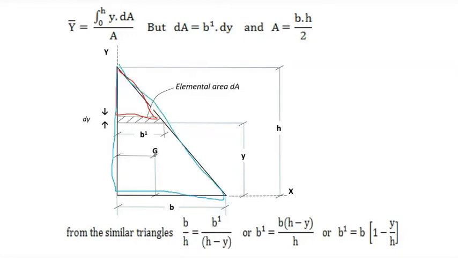From these triangles, we can write b divided by h will be equal to b dash divided by this much. How much will be this distance from here to here? Anybody?